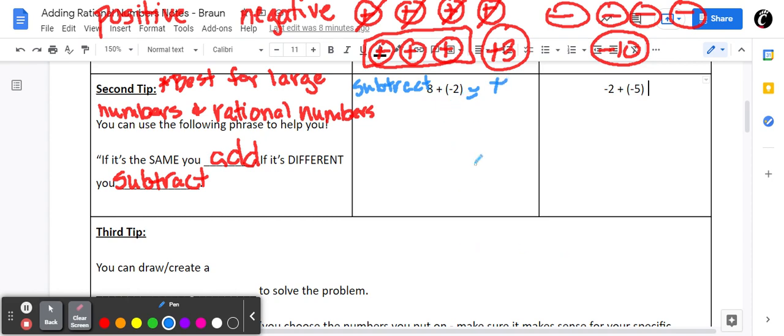And since, as I said, I have a positive and a negative, I'm going to subtract. So to solve this, I'm going to do 8 minus 2, which would equal 6. And since the 8 is positive and it has the larger number, my answer is going to be positive. So that's going to be +6. And remember, we subtracted because we had different signs.